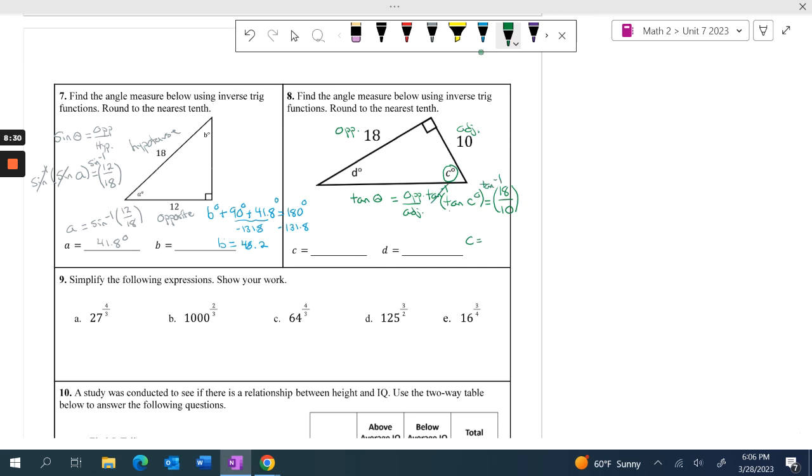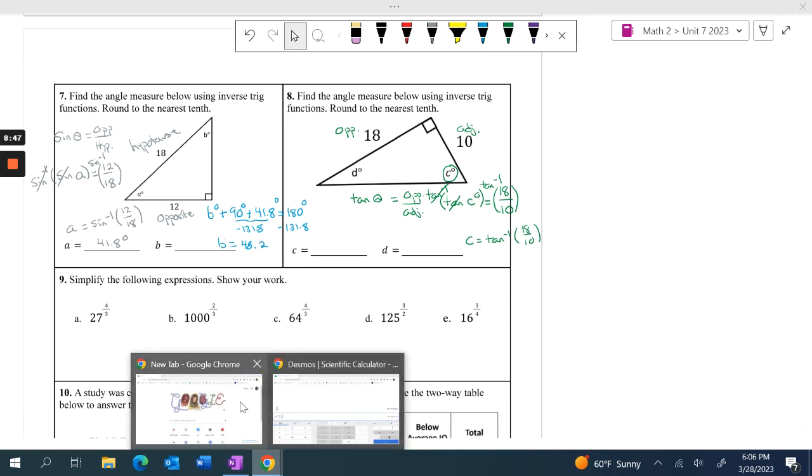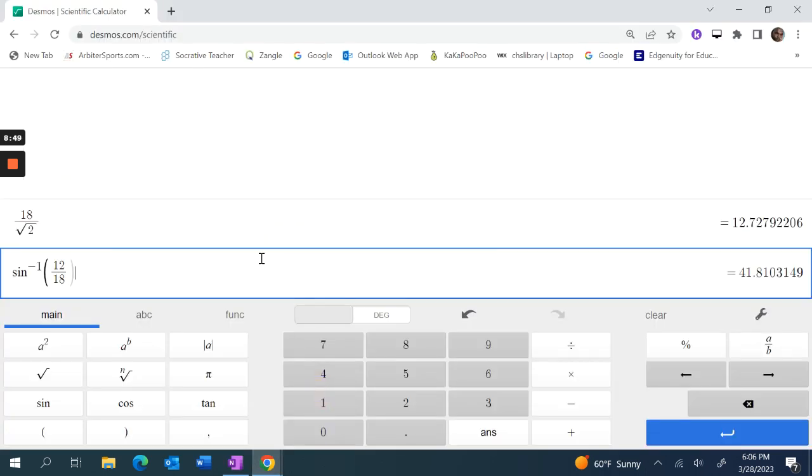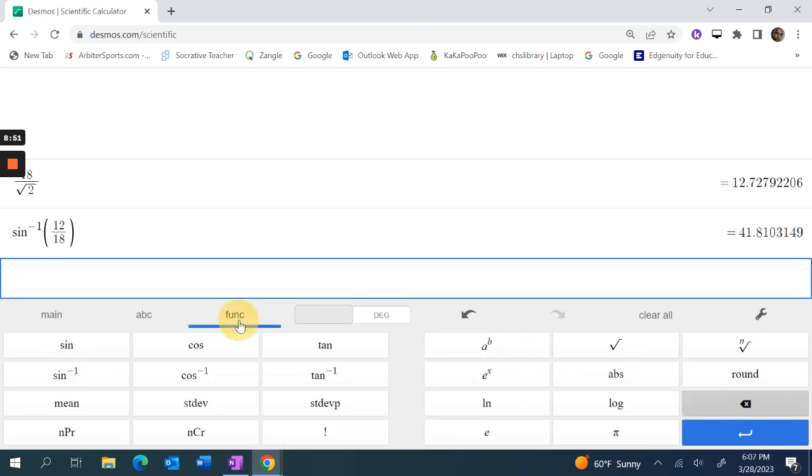Inverse tan cancels out tan when multiplied together, and we would get C is equal to the inverse tangent of the fraction 18 over 10. To find out the exact value for C rounded to the tenth, I'll let my calculator do the work. Activate the inverse tangent function on your calculator.